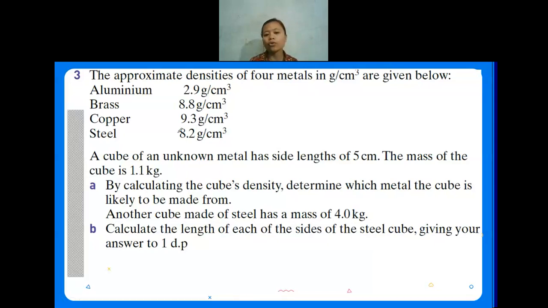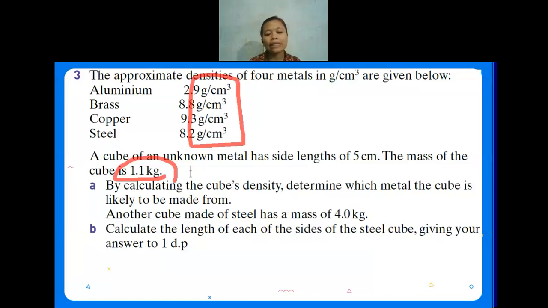But you have to check the unit for the density is gram per centimeter cube, while the mass here is 1.1 kg. The units are different, so you have to change the unit to make it the same. 1.1 kg will equal how many grams? Anyone want to tell me? Yeah, it will be 1100 gram for the mass.